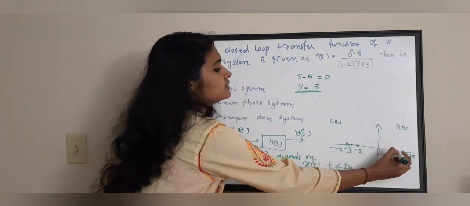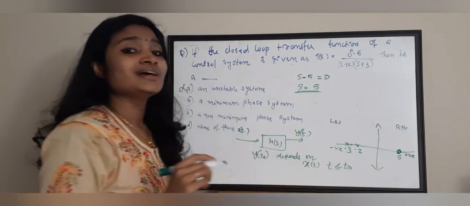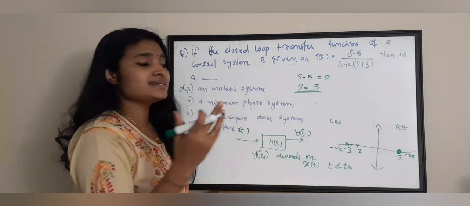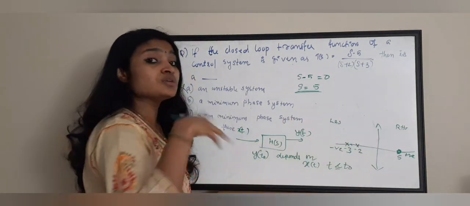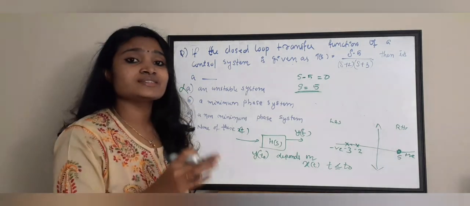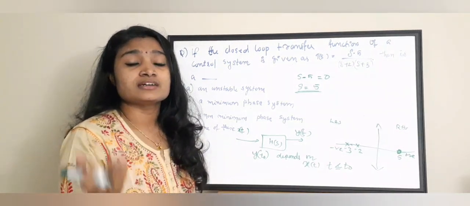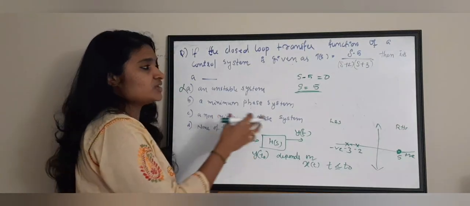Let us assume this is the value 5. So this is your zero value. Stability lies in this half of the plane and non-stability is on this half of the plane. So the zero is not stable, and so the system is not stable in terms of minimum phase.